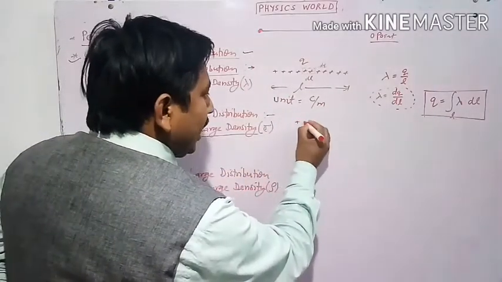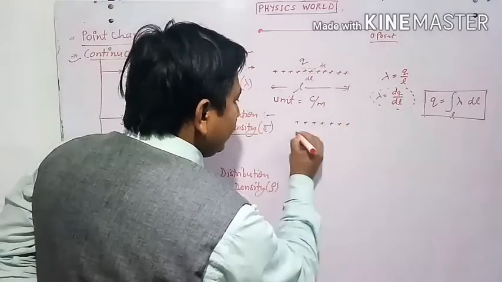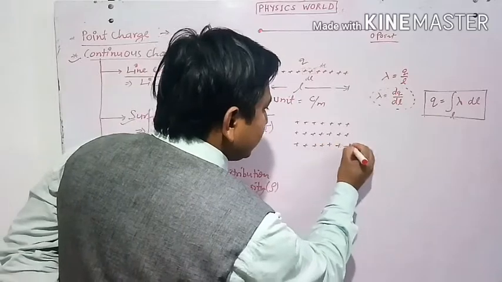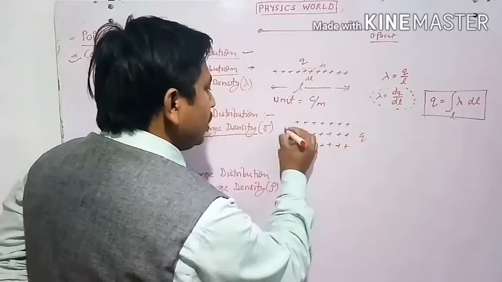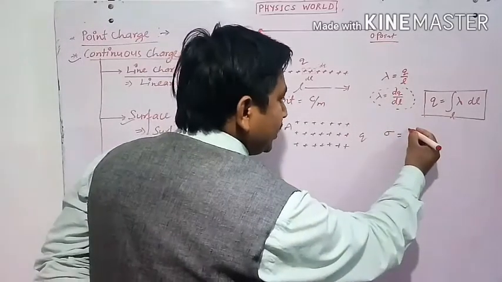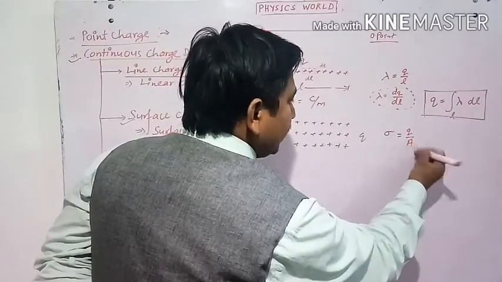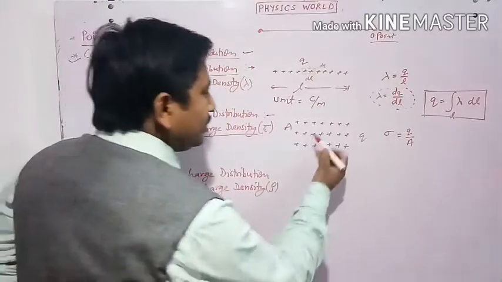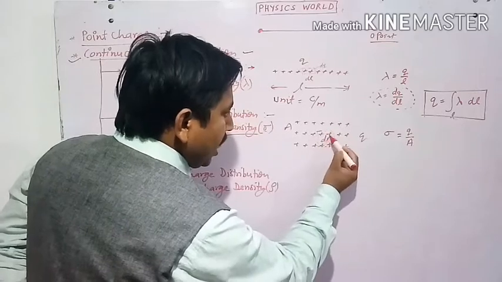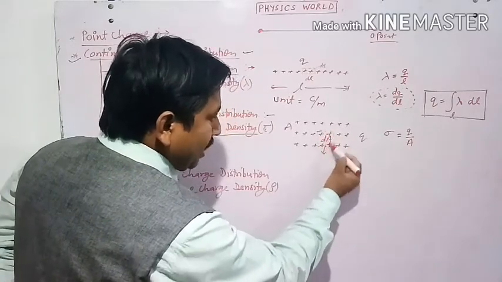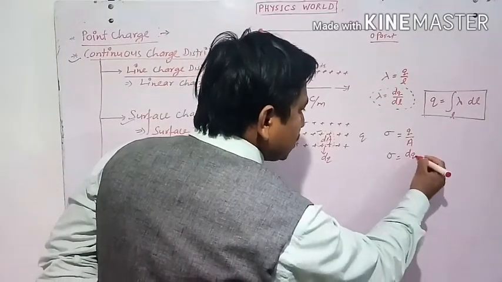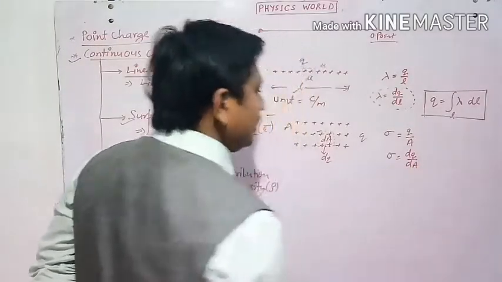So if we have an area A and the total charge present on that area is Q, the surface charge density sigma is expressed as Q upon A. If we take a small area element dA and the total charge present on this small area element is dq, then sigma can also be expressed as dq by dA.